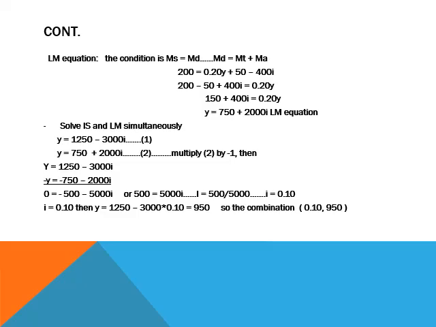Y minus y equals 0. 1250 minus 750, the remainder is 500.